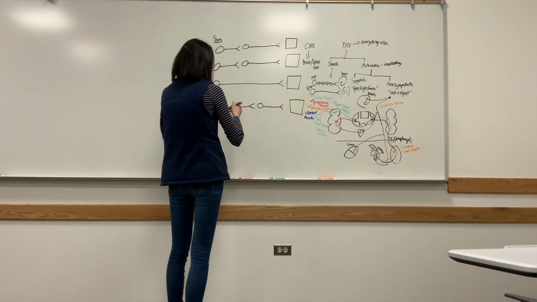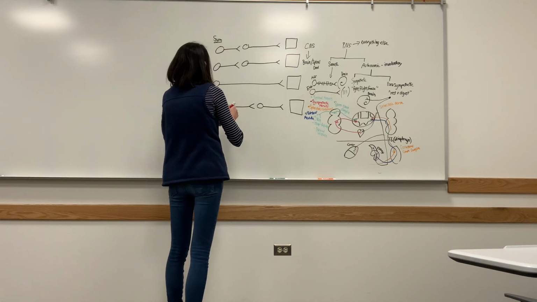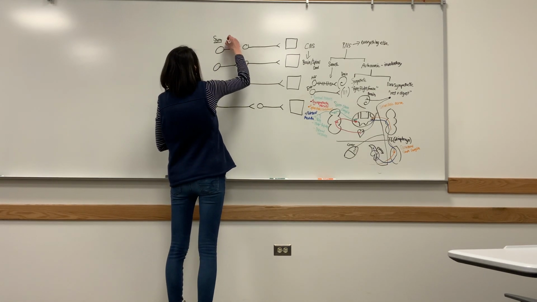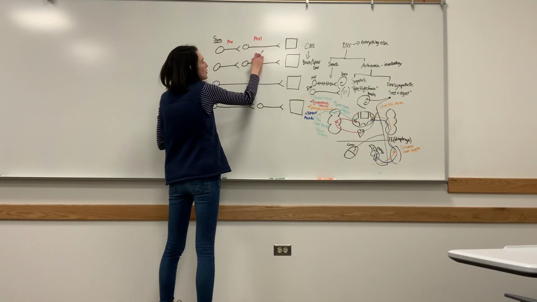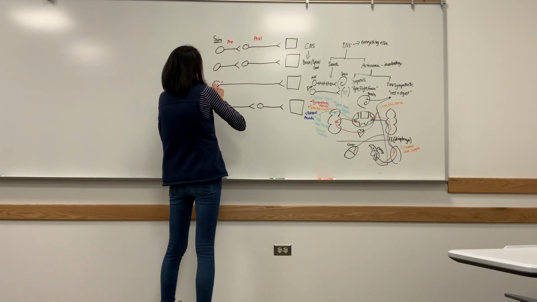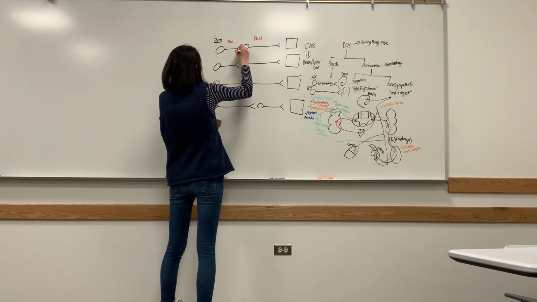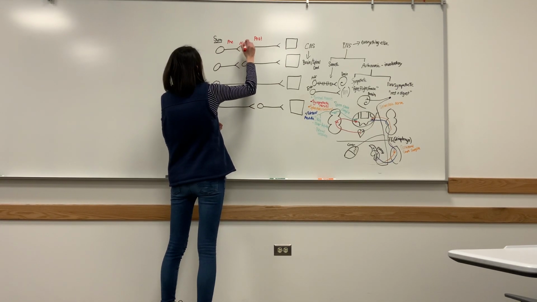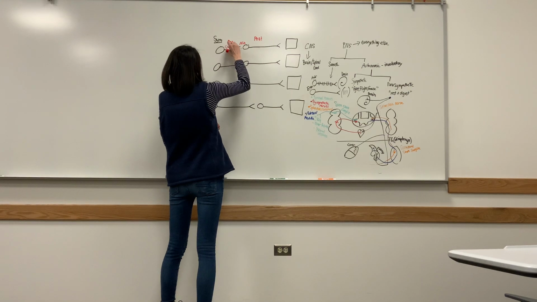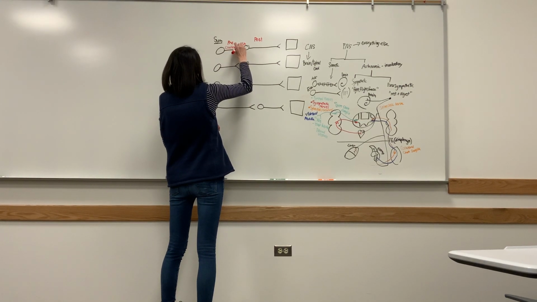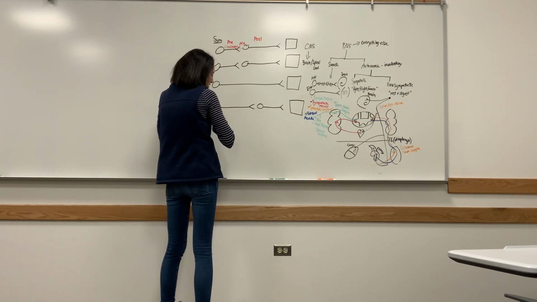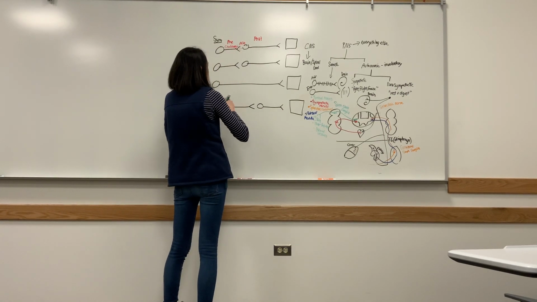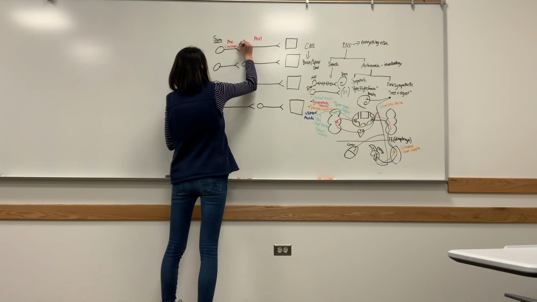So for the first one, I'll label this as the pre-ganglionic and the post-ganglionic. That will be the case for each neuron. So for the first one, it is going to produce a neurotransmitter known as acetylcholine. That's going to make it a cholinergic neuron. And when the acetylcholine binds to the next neuron, it is going to bind to what's called a nicotinic receptor.